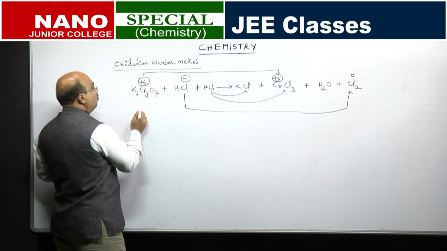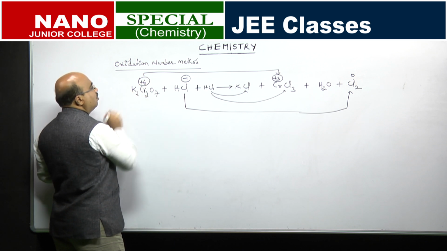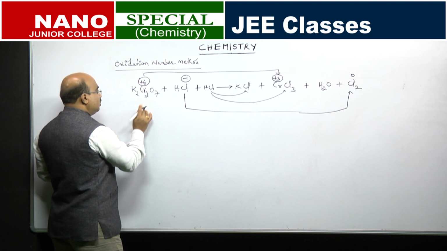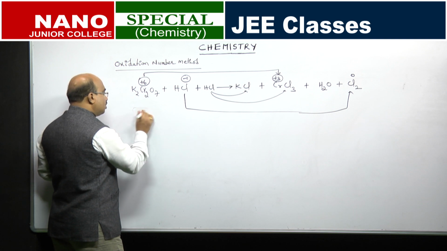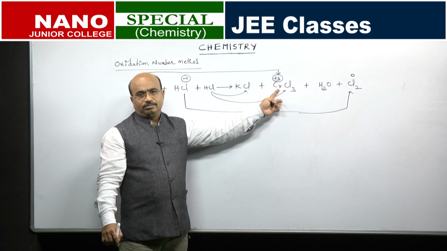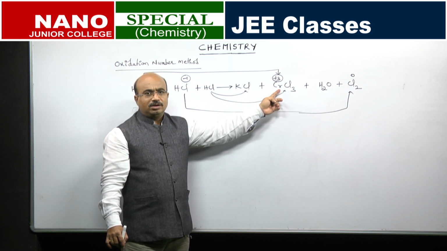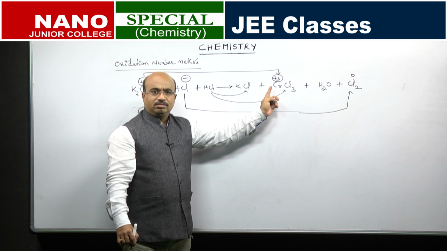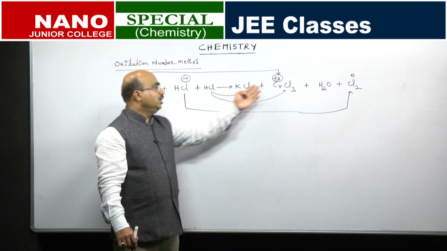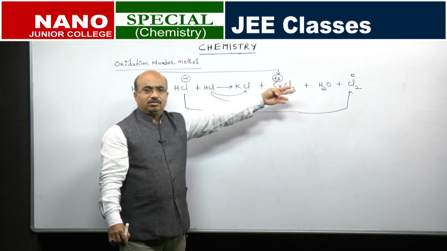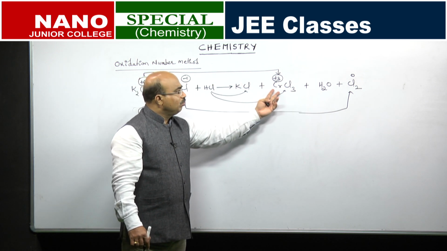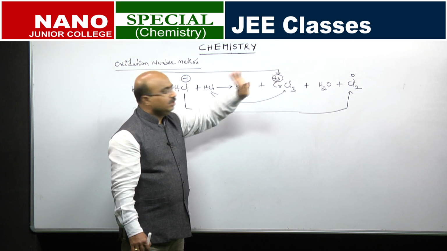Actually, we have 2 in one molecule, so the total charge here is +12. All these chromiums should be converted here, which means there must be 2 chromiums here. We can't say that chromium is anywhere else, only in this compound. So, there must be 2 chromiums here also, each +3.